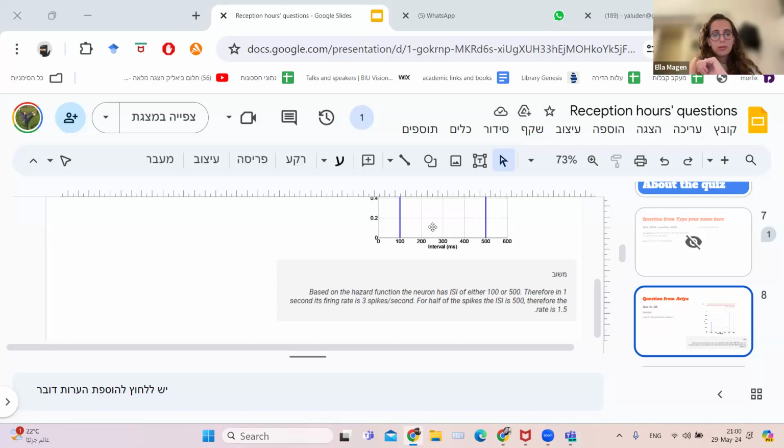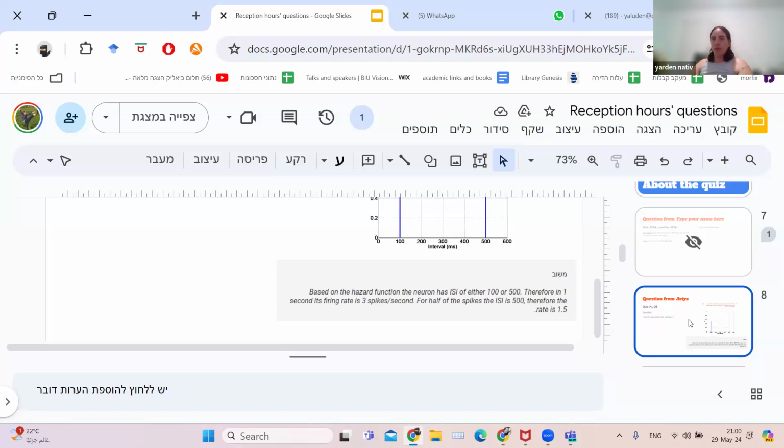Okay, thank you. So basically here, we chose 3 spikes per second just because the time interval goes from 0 to 600, and from 0 to 600 the spike train has 3 spikes. Exactly.